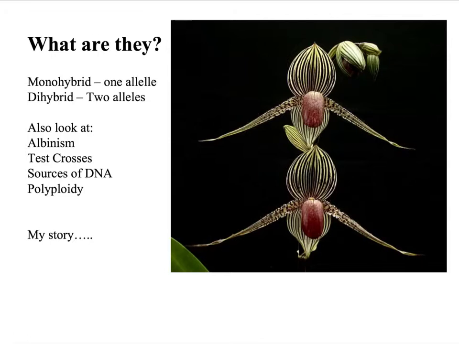When we're dealing with dihybrid crosses, we're looking at two different alleles at the same time, and in the particular cases that we'll be looking at later, we'll be looking primarily at background colour and striping. Later on in the presentation, I'll be looking at albinism and how orchid growers manage to produce flowers that don't have any colour to them, and we will also look at test crosses to see what a particular test subject is.